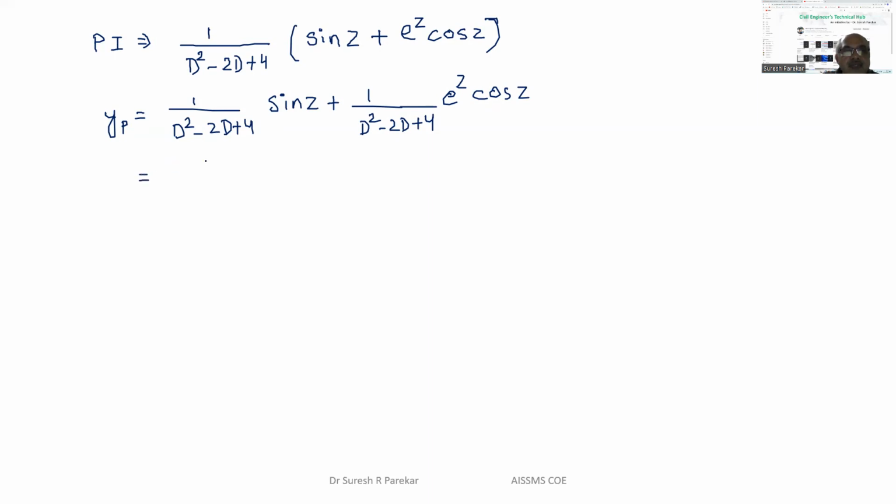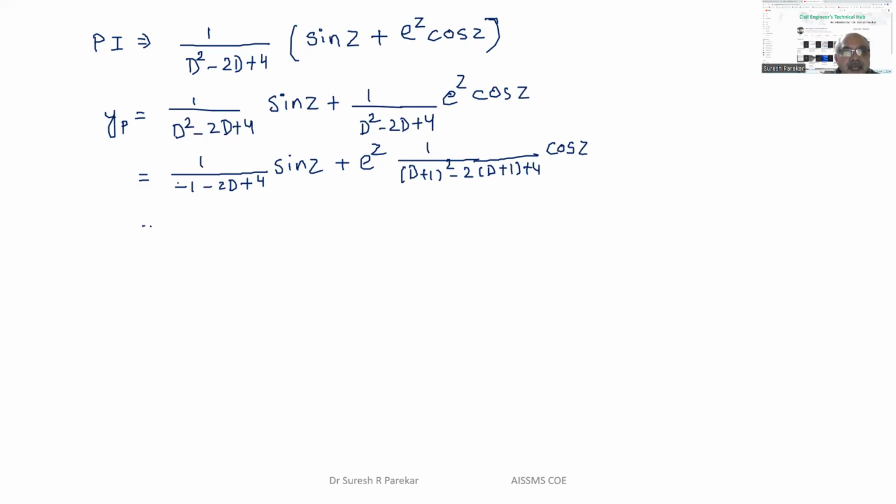So we have 1 upon minus 1 minus 2D plus 4 into sin z, plus e to the power z outside, with a equal to 1, so D plus 1 whole squared minus 2 in bracket D plus 1 plus 4 into cos z.